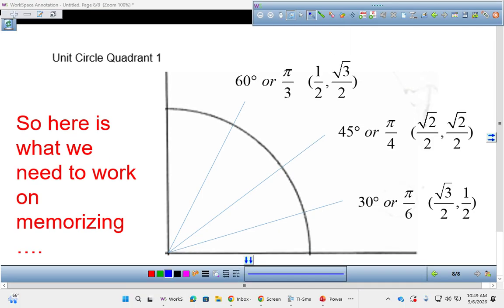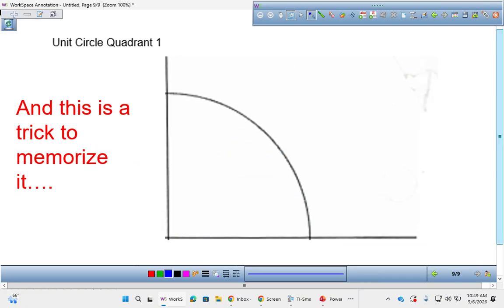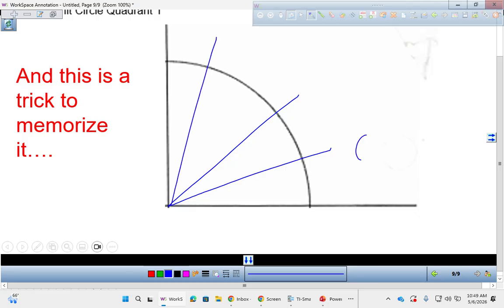Here's a way to memorize it. All right, so what I do is I draw 3 lines, and I make my coordinate points.